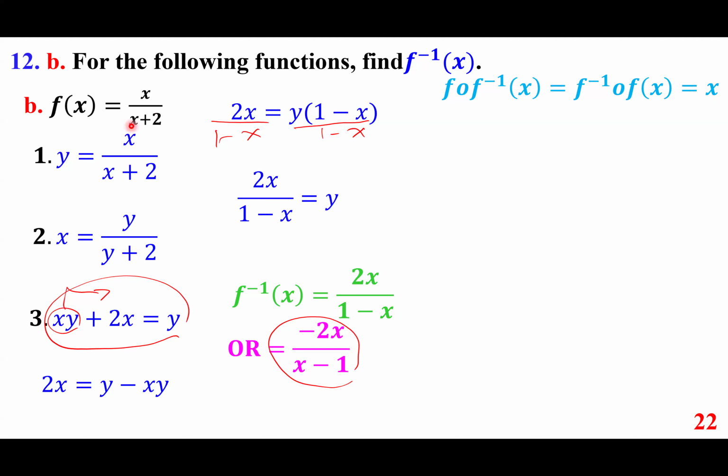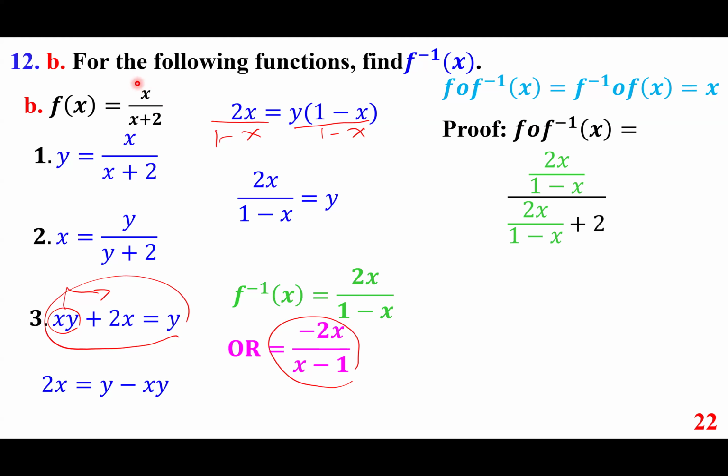Which means for this function, we're going to replace the x with either this one or that. Let's do it with the green. F of inverse of x. Replace the x with 2x over 1 minus x at the top and at the bottom. And this is a complex fraction we are going to simplify. How do we simplify?